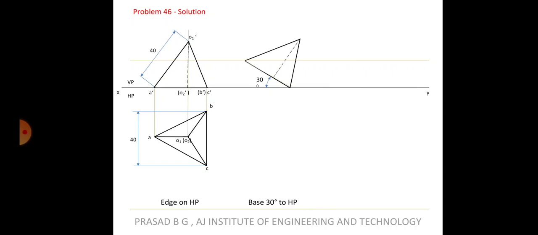These are small details you have to be careful about when you are drawing the sketches, students. If it is mentioned axis, then the axis should be done. Here it is not mentioned that the axis is inclined at 30 degrees. Here they are saying that the base edge, which is AC in this case, isn't it? A, B dash, C dash, that edge should be inclined at 30 degrees. The base edge is inclined at 30 degrees to HP is given.